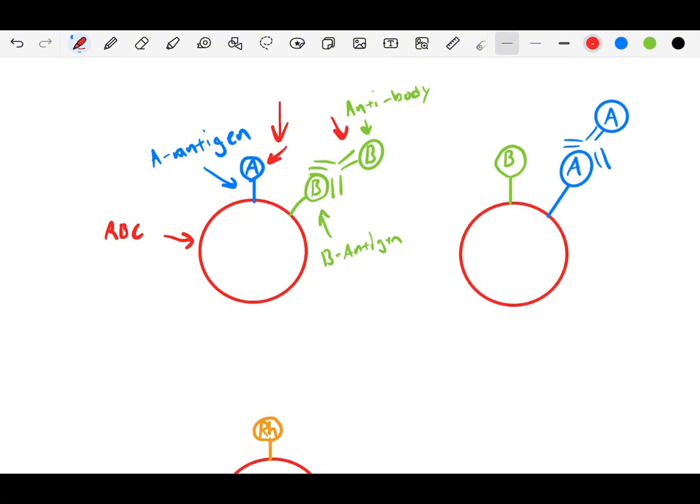And what that means is that because they have the anti-B antibody, they're not expressing the B antigen on their red blood cell. And I think from my standpoint, it's a little bit helpful to understand that if someone has type A blood, on one hand, that means they have the A antigen. On the other hand, that means that they have the anti-B antibody circulating in their blood.